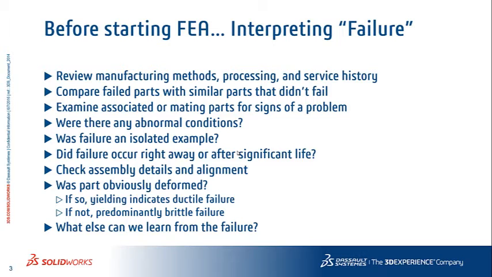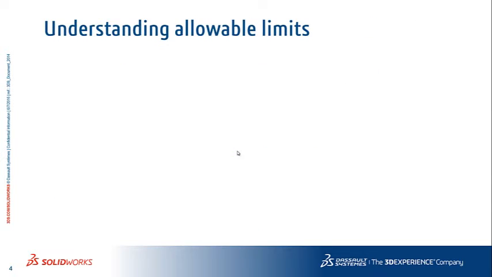There are also things like, were there abnormal conditions, maybe in a corrosive or an extreme environment? Were there other parts that also failed? Did it occur after significant life, indicating maybe a high cycle fatigue? But the most important thing to identify, and what's vital for us to continue in FEA, is to figure out exactly what the cause and mechanism of the failure was.